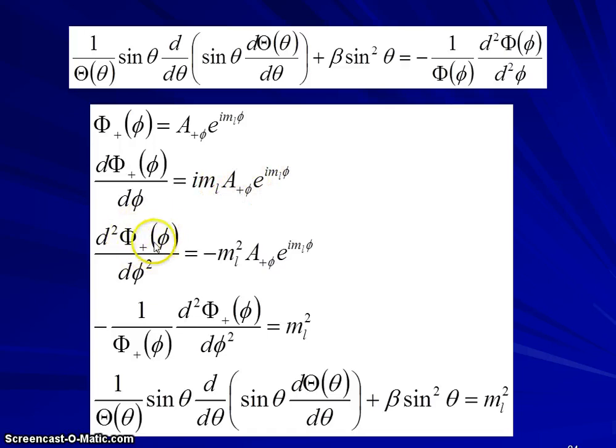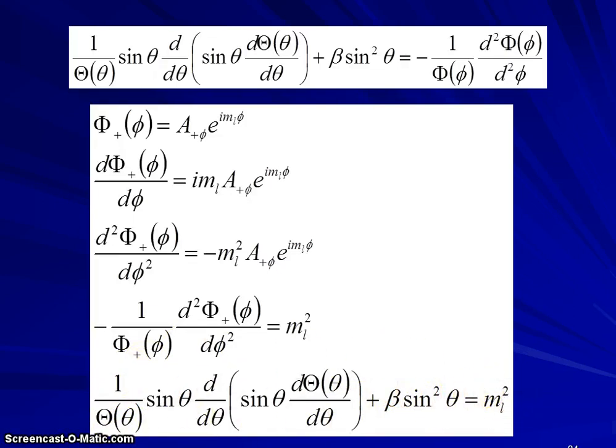So the second derivative is negative m sub l squared times the original function. So if we divide through by the function, this side of the equation is just negative m sub l squared.